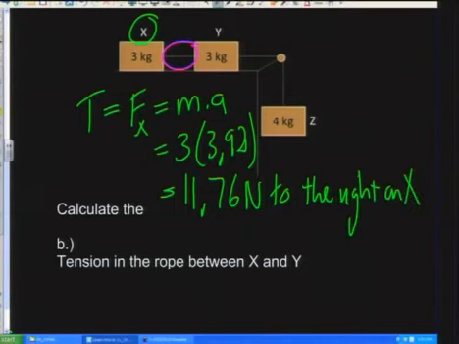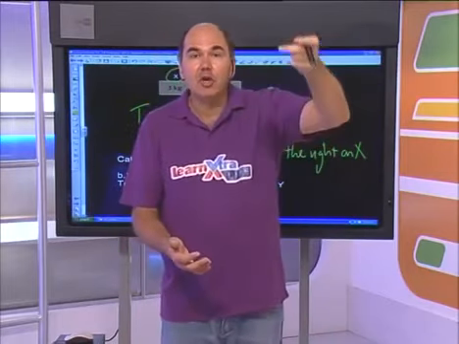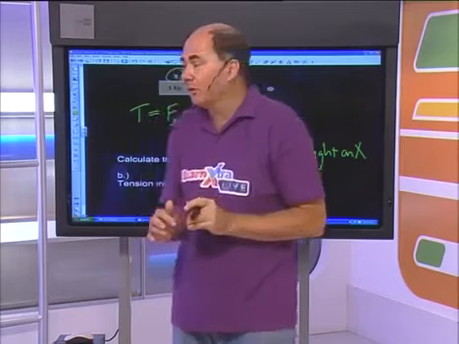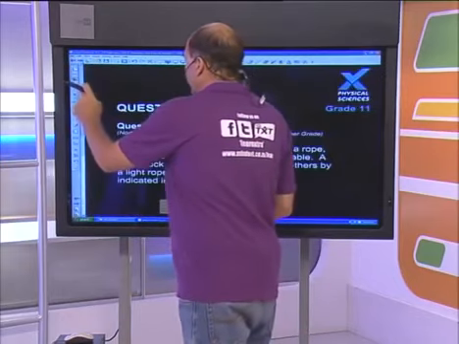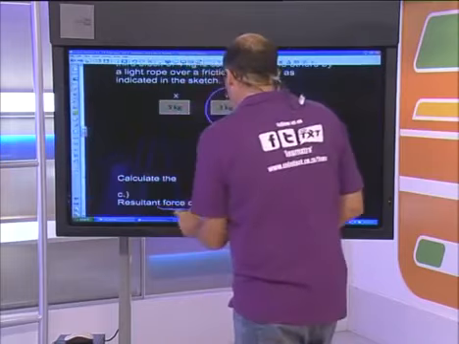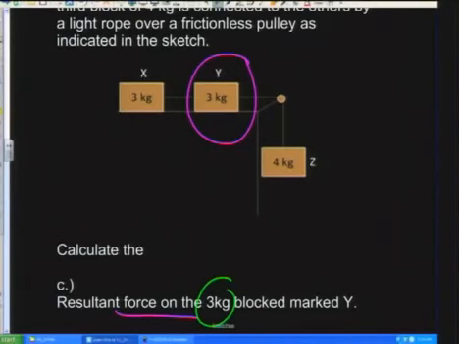Okay. What I'd like you to do is to have a look and see if you can work out that the tension is the same at the other end. It really is. Believe me, you can substitute in and you'll find it is the same. Now, if I know that that's the tension, the last part of the question was what's the resultant force on the 3 kilogram block? Now, let's look at this way.